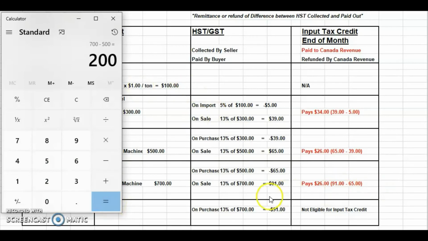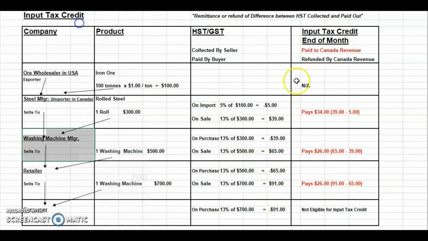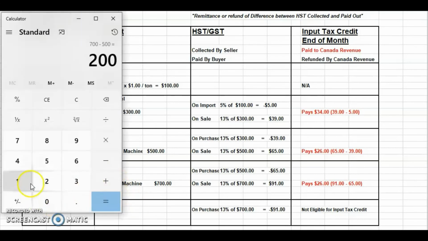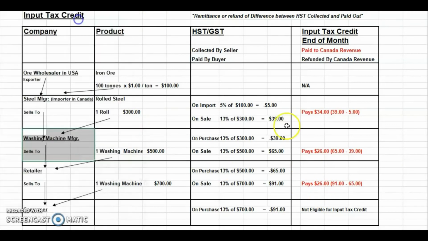The value added was $200, which is the difference between the $500 they purchased it for and the $700 they sold it for. 13% of $200 is $26.